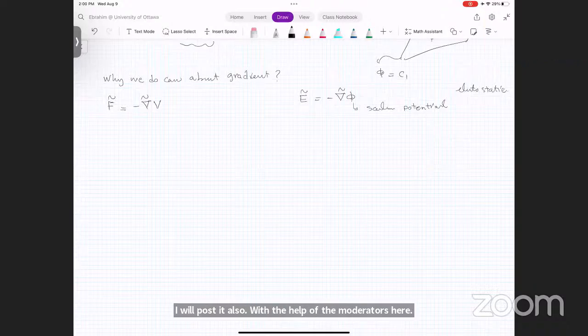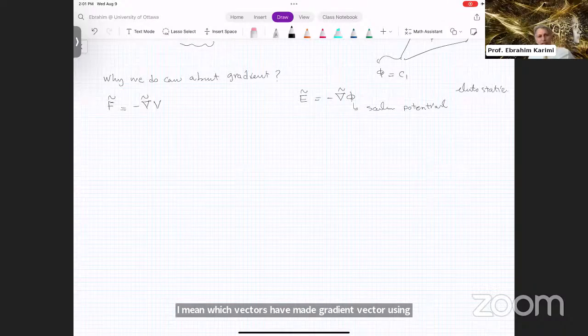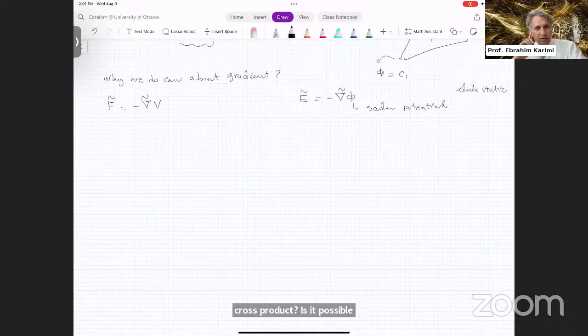There's another question that goes: the gradient vector is normal to the surface. Therefore, can we make a guess whose cross product is equal to the gradient? I mean, which vectors make the gradient vector using a cross product? Well, remember that the gradient is applied to a scalar, and then it will give you the normal to that scalar surface, right?